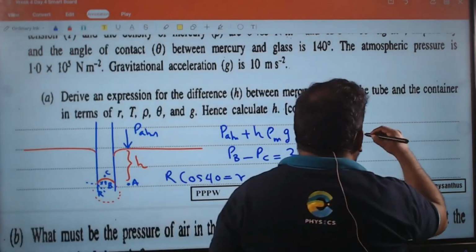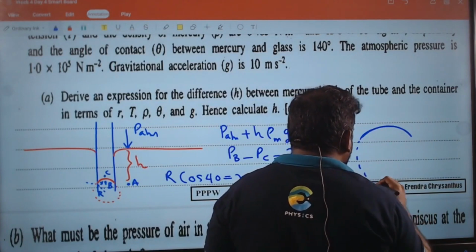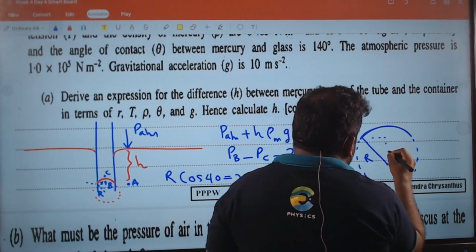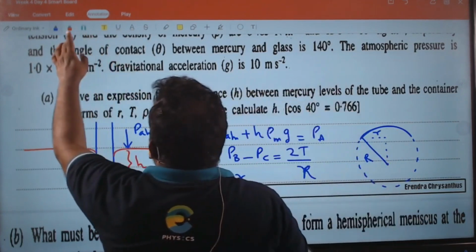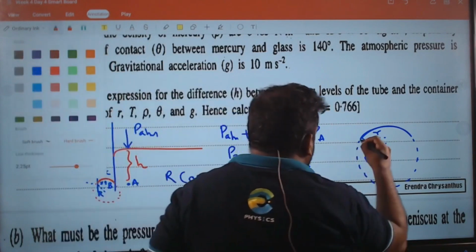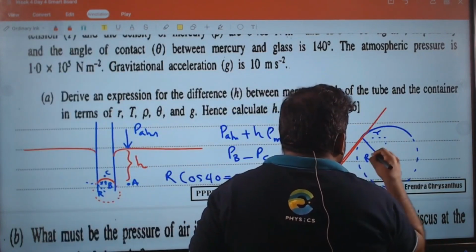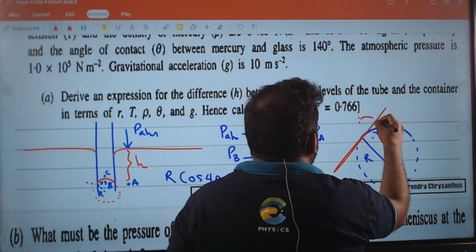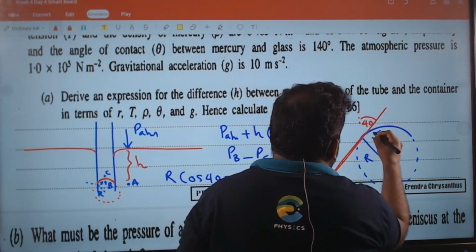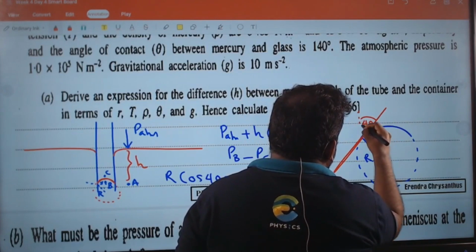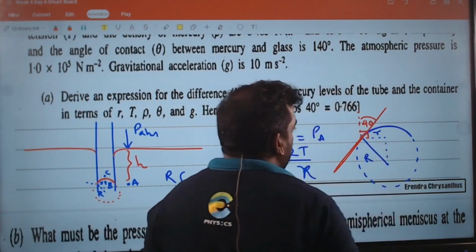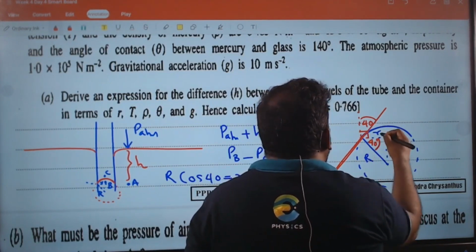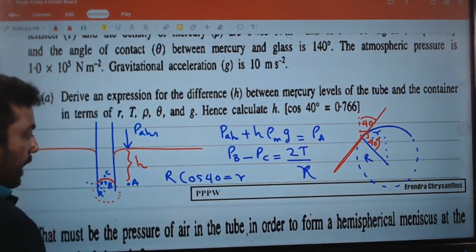If I show it to you, like this, the radius of the bubble, here the radius of the tube, here the angle of contact. Through the liquid it is going to be 140. Here it's going to be 40. Here 50, here 50, because here it's 90. Now tangent 50 here means 40 here. So R cos 40 is small r.